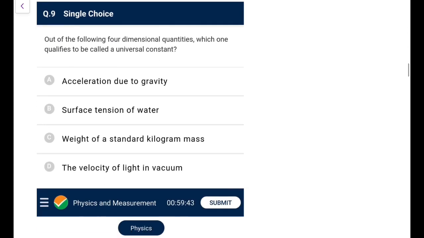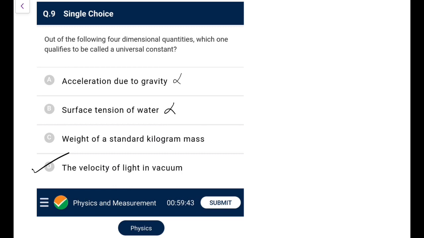Next one. Out of the following 4-dimensional quantities, which one qualifies to be called a universal constant? No, acceleration due to gravity varies from place to place. Surface tension of water also varies with temperature and everything. Weight of a standard kilogram mass, I think, also cannot be called a universal constant. Velocity of light in vacuum, yes, that you can write as a universal constant because it is independent of any frame and it will always be measured the same.